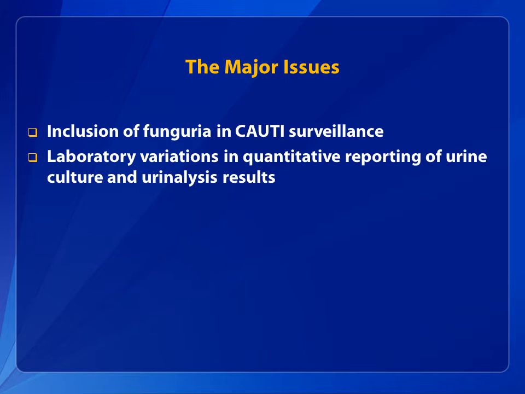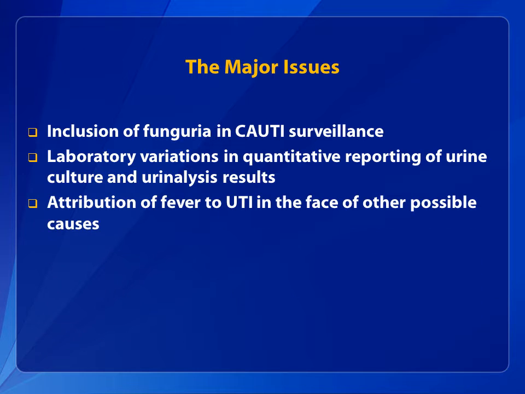Second, clinical laboratories vary in methods for workup and reporting of urinary cultures and urinalyses. These variations have the potential to affect the number of CAUTIs a facility identifies and could affect the reliability of data reported across facilities. Third, facilities were concerned about the NHSN surveillance rule that states a fever, if present, must be utilized to meet any infection criteria for which surveillance is being performed, even if that fever is clinically believed to be due to another source.